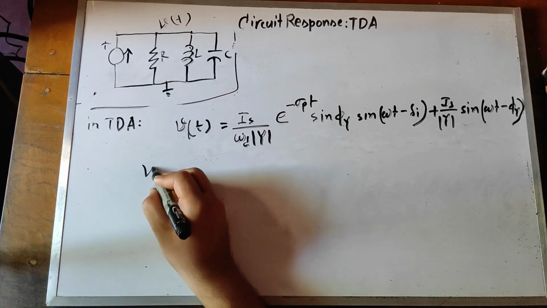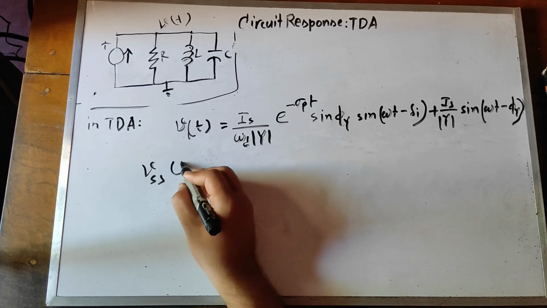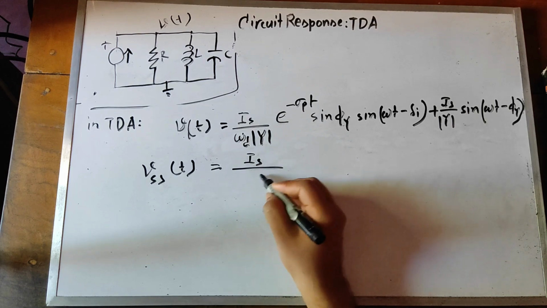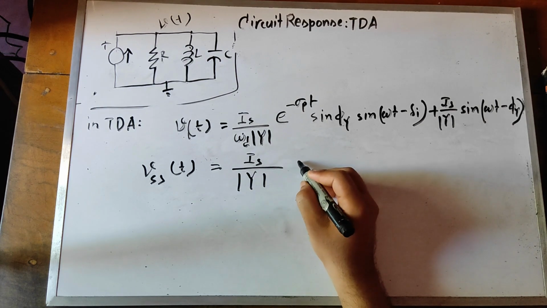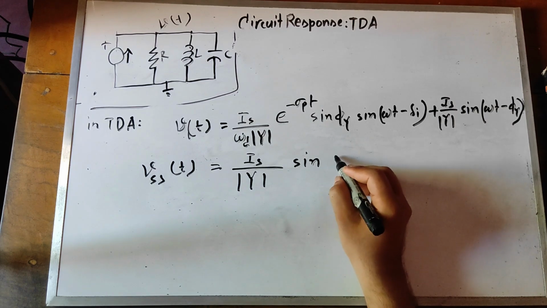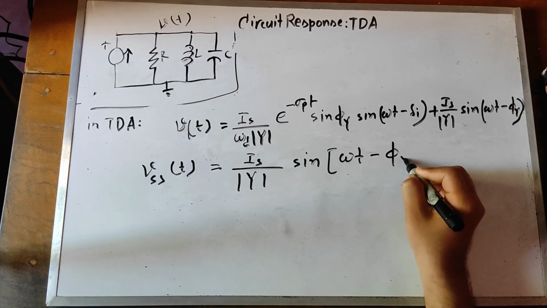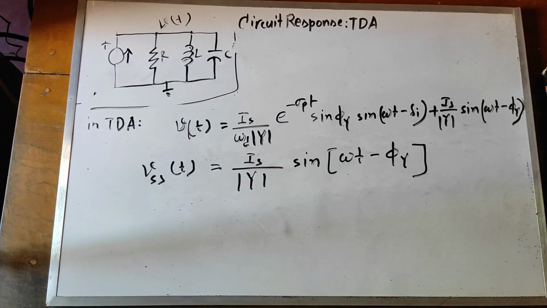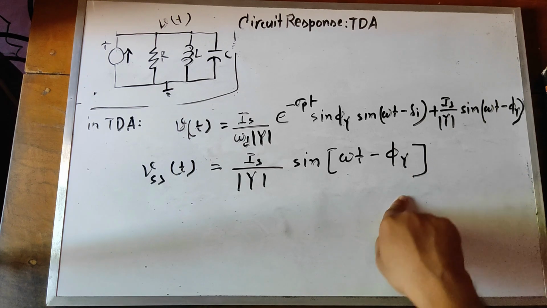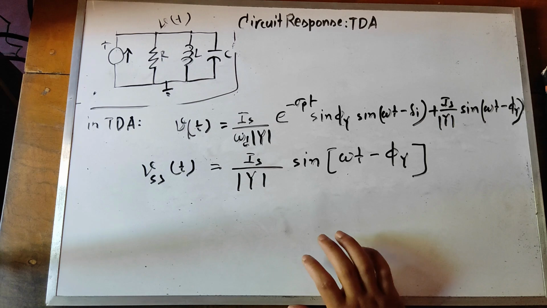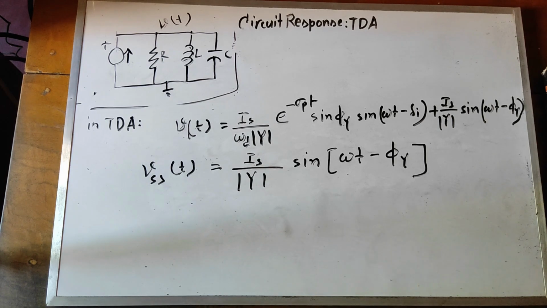So my main derivation is this: the steady state response, which is Im by Y sine omega t minus phi Y. So there is a phase shift, and you can understand what I have done here. So this is the voltage response of the parallel RLC circuit.